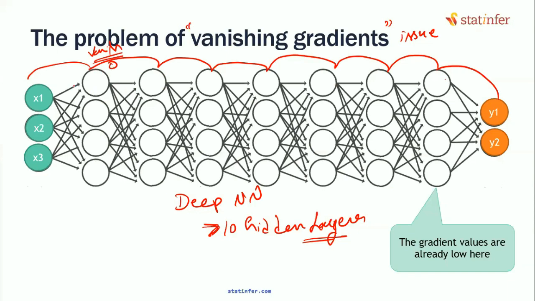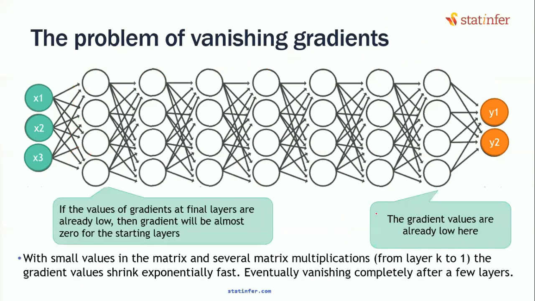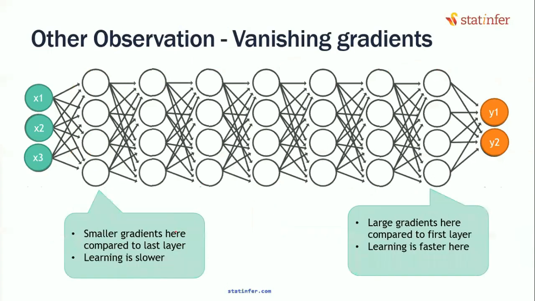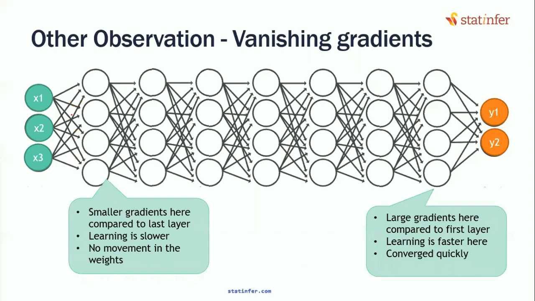If that is the case, then weights will hardly get updated. Then nothing will be learnt no matter how many epochs we do. If the gradient values are already low, then with the multiplication of fractional values, they will become very, very small. Definitely, nothing will be learned over a period of time. This particular issue is known as vanishing gradient.